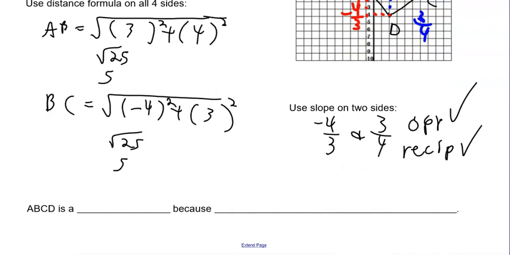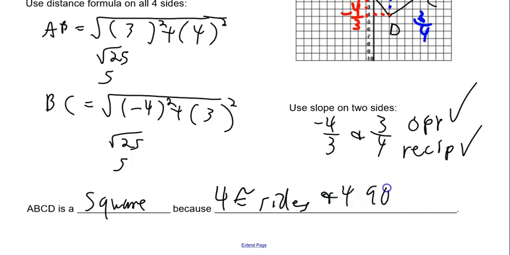So we have just proven it is a square because 4 congruent sides and 4 90-degree angles. And that's it.